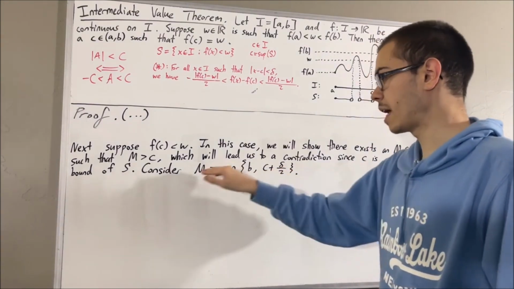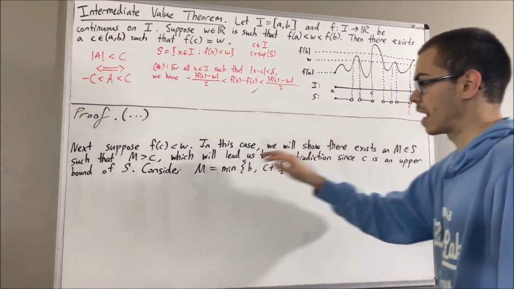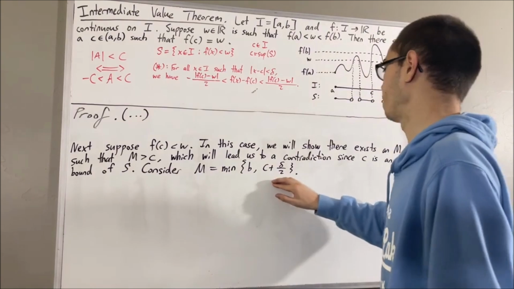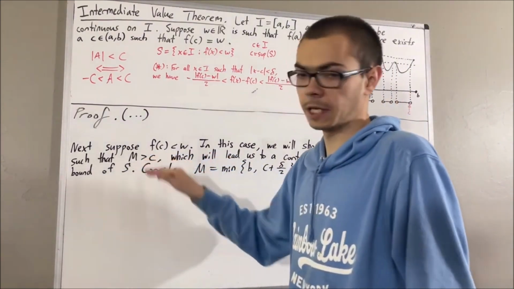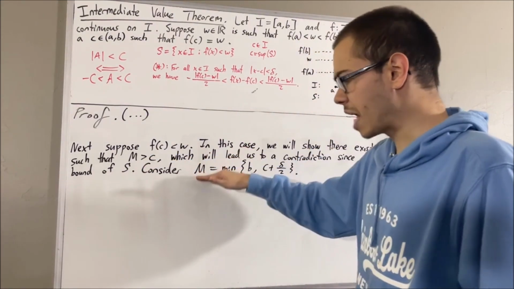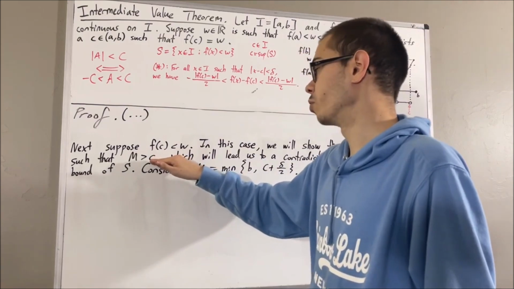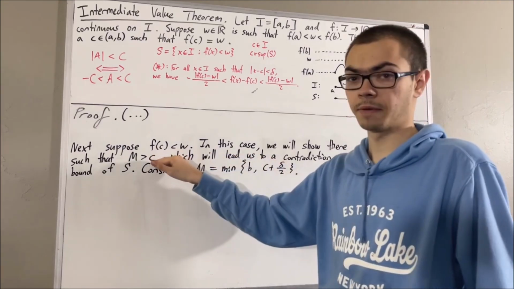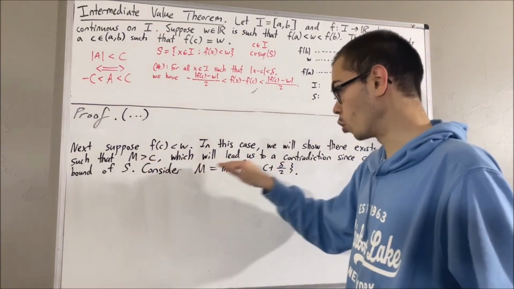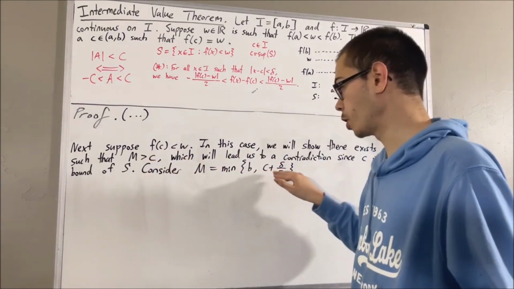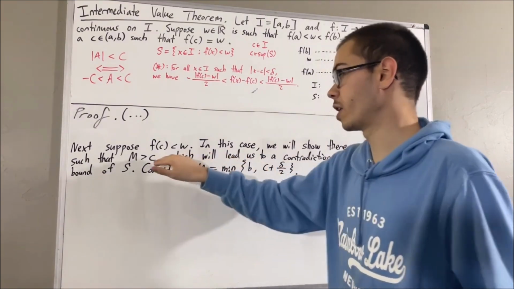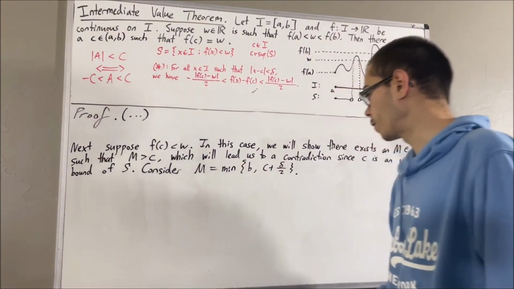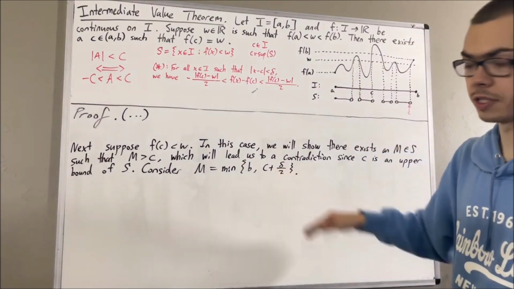And the claim is that M is going to be an element of S, and M will be greater than C. Let's first show that this choice of M is going to be greater than C. To show that M is greater than C, all we have to do is show that B is greater than C and C plus delta over 2 is greater than C. Because we know that M is equal to one of these two values. So if we can show that both of these values are greater than C, that'll tell us that M is greater than C. Now, first of all, clearly C plus delta over 2 is greater than C.